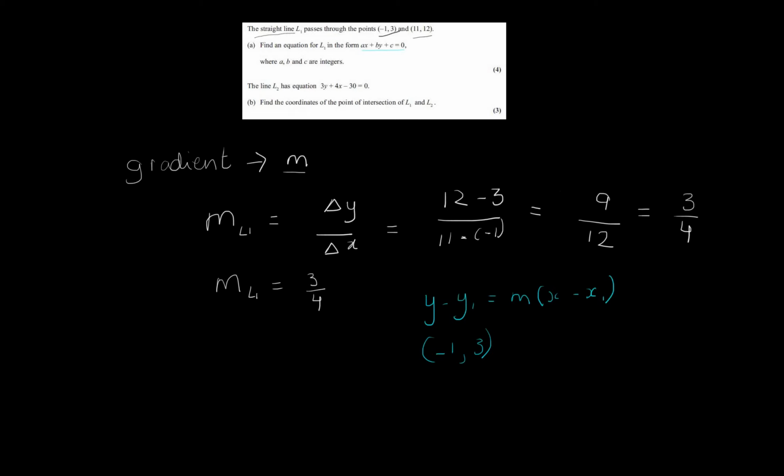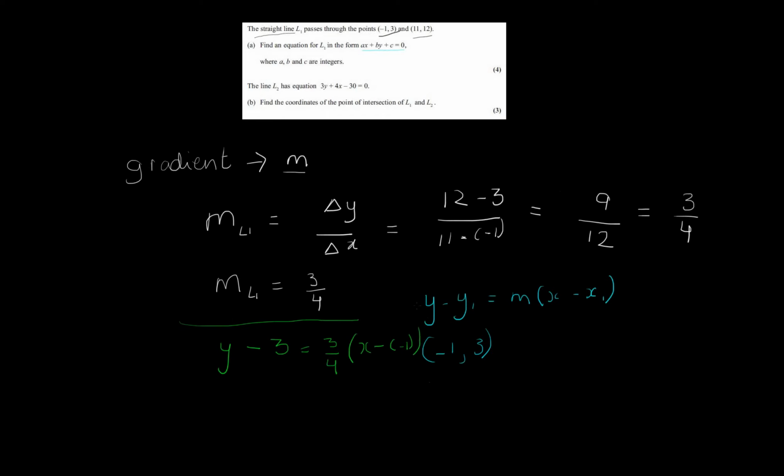So moving forward, y minus y1, I'll just draw a line here and start again. y minus y1, which is 3, equals m, which is the gradient, 3 by 4, multiplied by x minus x1. So x minus -1.